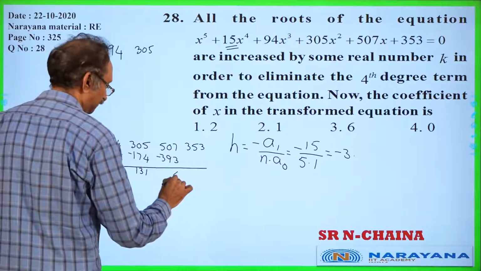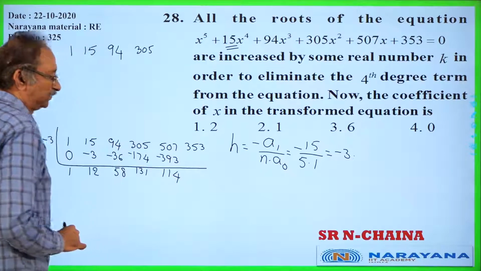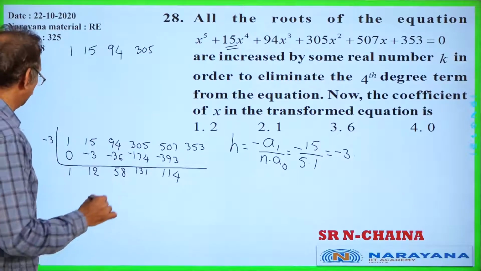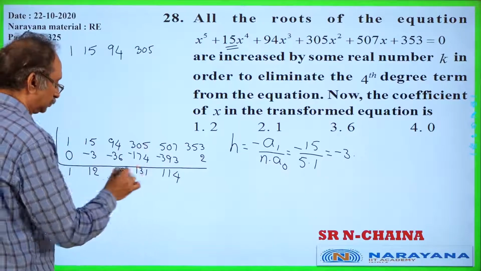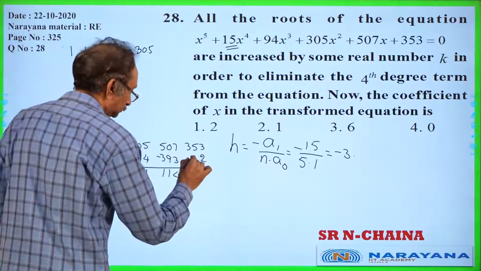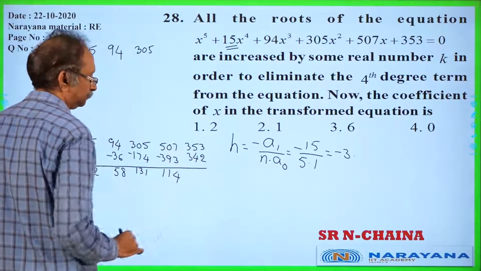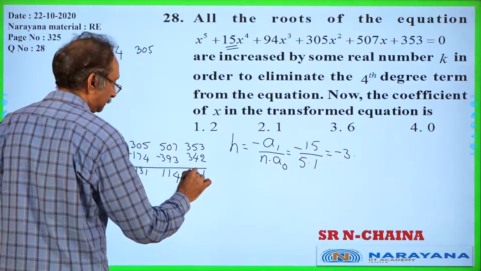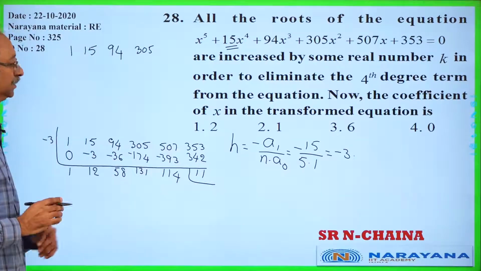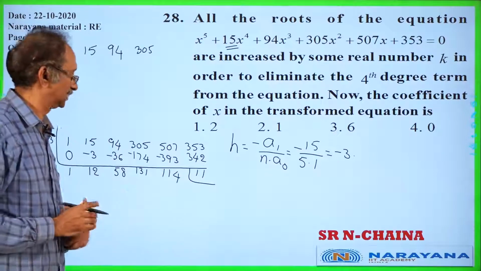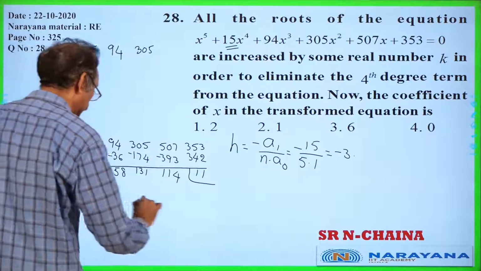And add them, 114. And again multiply with minus 3, so minus 12. So 3 plus 1, that is 4, and once again 3. And what is the constant? 11. Suppose he asks, what is the constant term in the transformed equation? The answer is 11. But he is asking the x term. So in the next step we will get that.